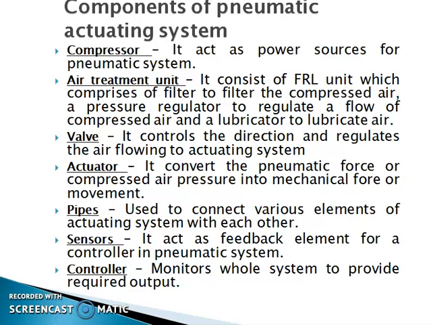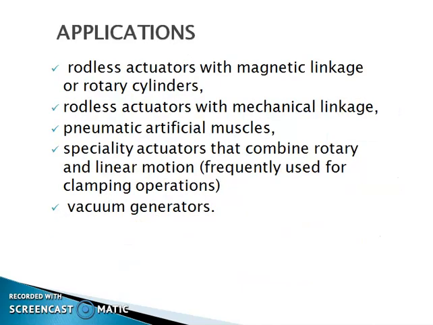It acts അതിനെ as ഒരു a മെക്കാനിക്കൽ feedback മൂവ്മെൻ്റ് ആയിട്ട് ആ element പിസ്റ്റൺ for a കൺവേർട്ട് ചെയ്യും. ആ controller പിസ്റ്റൺ in സിലിണ്ടറിൻ്റെ അകത്തുള്ള പിസ്റ്റൺ controller the pipes. It is monitors used to whole connect system to various provide elements of actuating required system output. with each other. Applications കണക്ട് ചെയ്യാനുള്ള ഒരു magnetic link element ആണ് or pipe. cylinders are And sensors. It used acts as a feedback element mechanical for a linkage controller and in is used in pneumatic the controller artificial monitors muscles, whole also system used in to vacuum provide generators, etc.